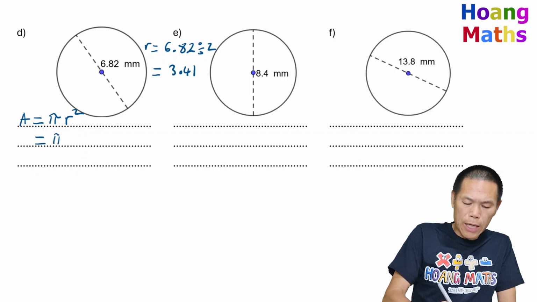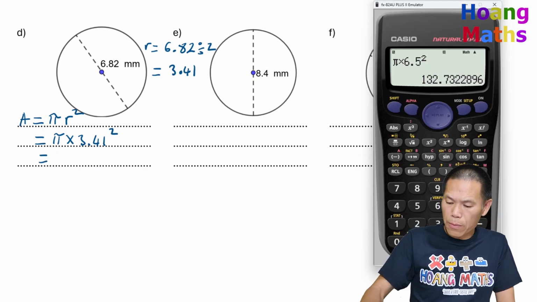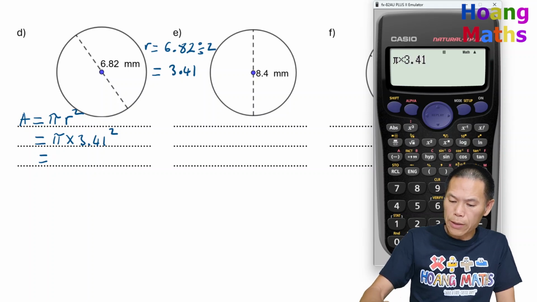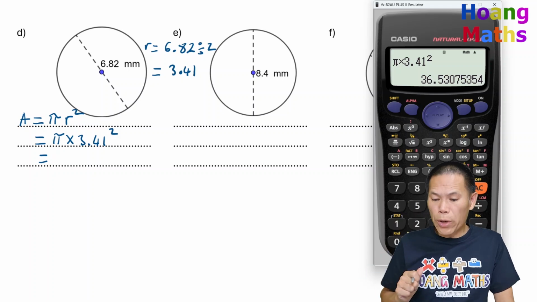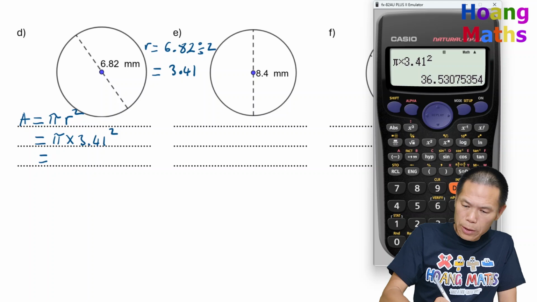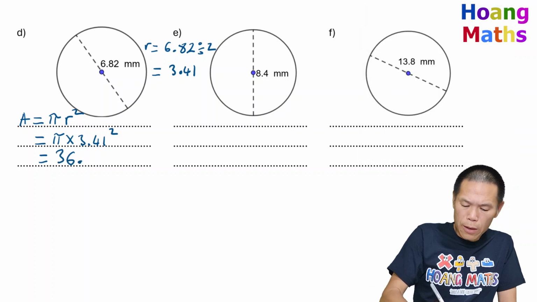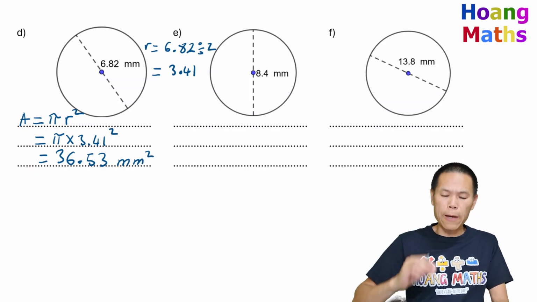That is pi times 3.41 squared. Shift pi times 3.41 squared. So there you go, 36.53, correct to 2 decimal places. So 36.53 square millimeters. And don't forget your units, okay?